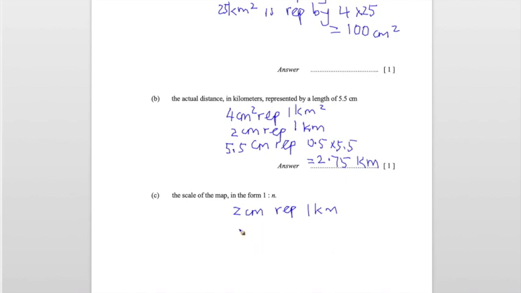That is 1 cm is 0.5 km, and we need to make it to cm. Multiplying by 100,000, we have 50,000 cm.